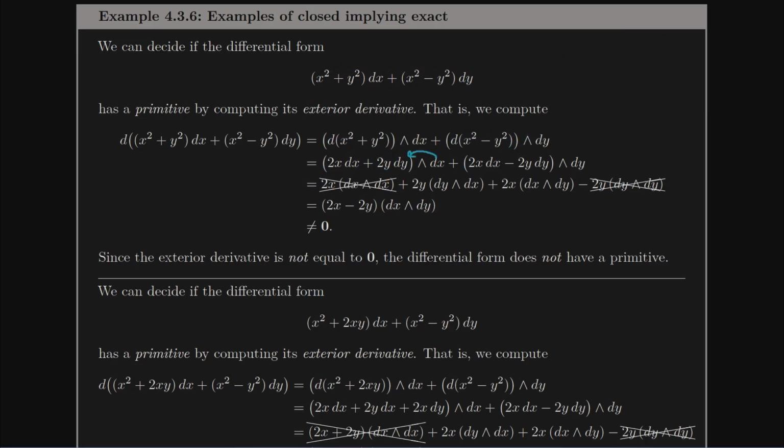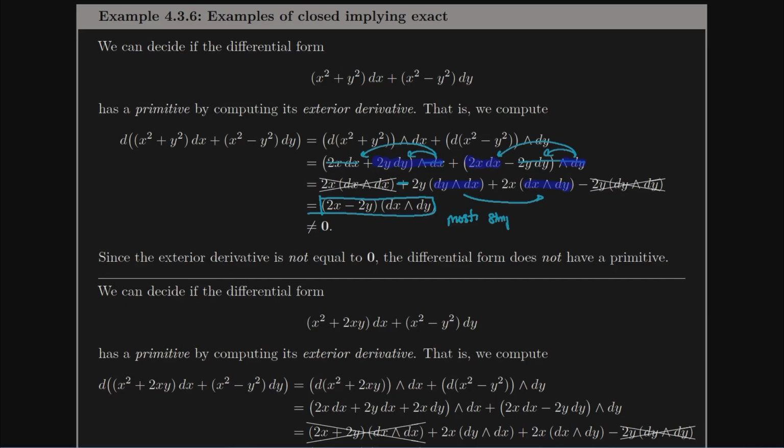Of course, when I distribute these wedges to each interior term, my dy wedge dy will cancel, and my dx wedge dx will cancel. I'm just going to be left with 2y dy dx on the left and 2x dx dy on the right. But of course, there's a dy dx, there's a dx dy. And if I exchange the order at the cost of a minus sign, we get 2x minus 2y dx wedge dy, and that's the most simplified.